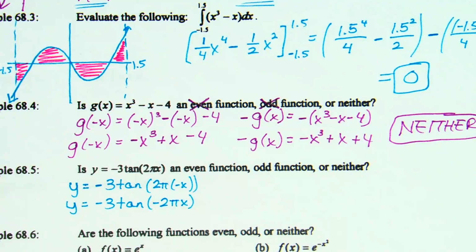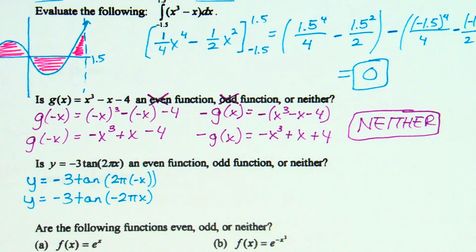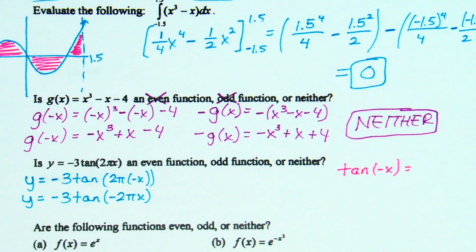When we have a negative on the variable of a trig function, we had a set of rules, or a set of identities. Back in pre-cal, we had a set of identities, that tangent of negative x is either equal to a positive or a negative tangent.